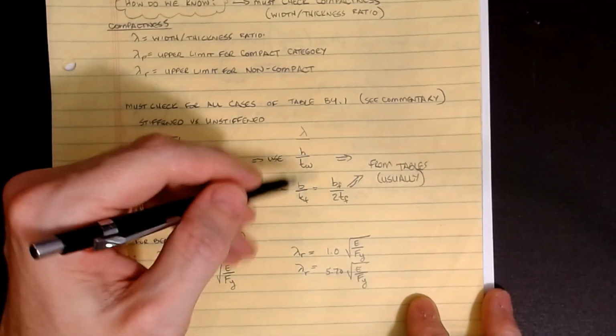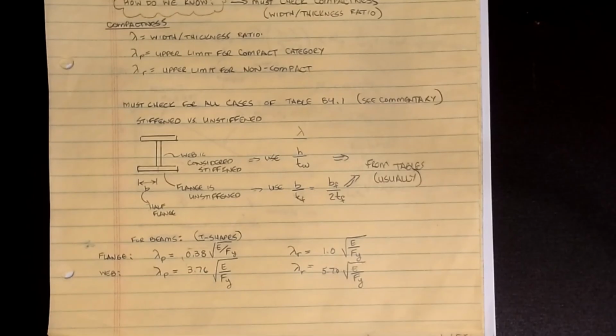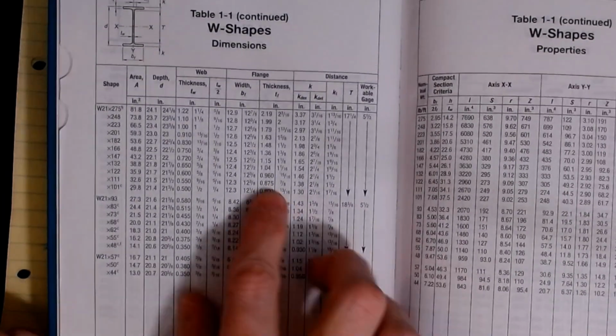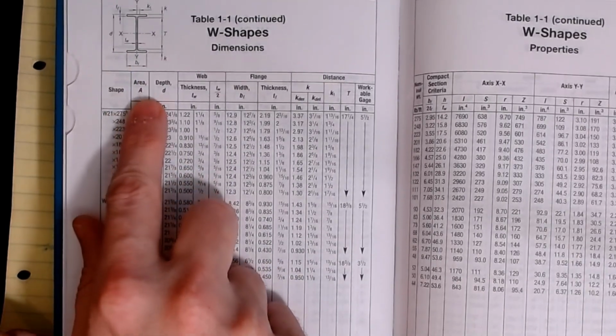Now, you can go through and do this calculation based off of the tables up in section 1 of our code. If we flip back to some I-beams up here, you could pull off h, the whole height of the beam, which would be our d parameter, and we've got tw.